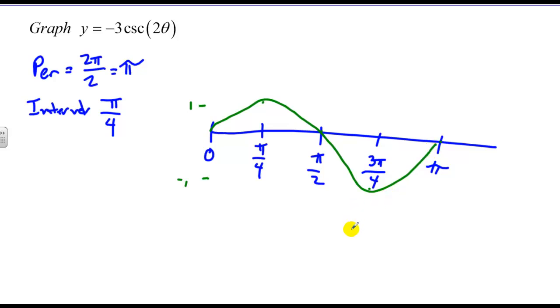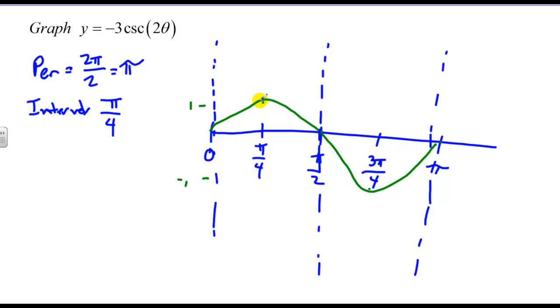Now, what I want to graph is negative cosecant. So first of all, what I'm going to have to do is take the reciprocal of all of these. So in this case, the reciprocal of 0 is an undefined term in each case. The reciprocal of 1 would be 1, but I'm multiplying that by negative 3.